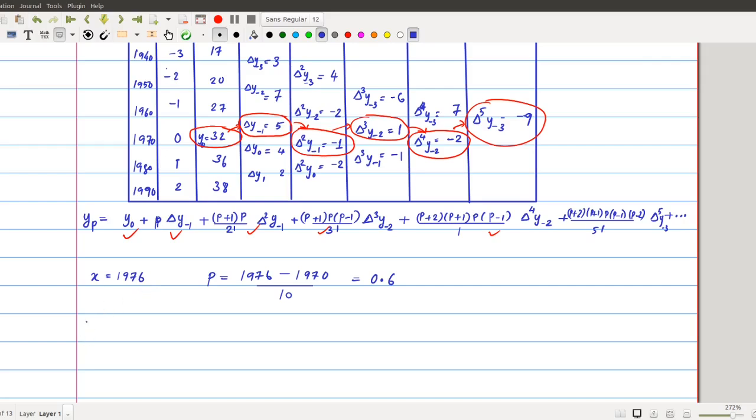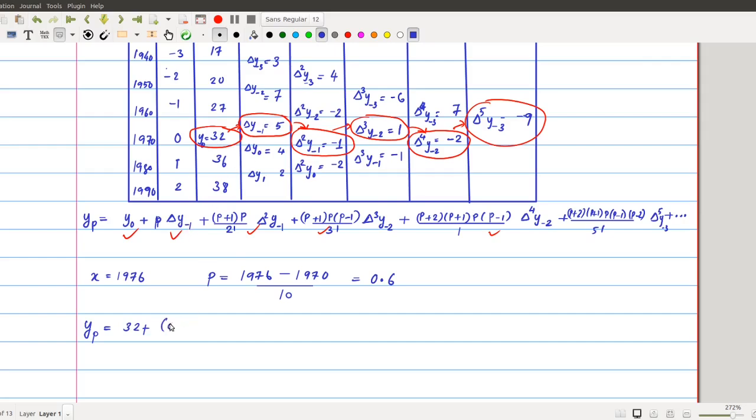Okay, now you apply the formula. Yp will be, this is our y value at x equal to 1976, that is equal to y naught. Y naught is this one, 32. So 32 plus, we have p times this, that means p times this one.